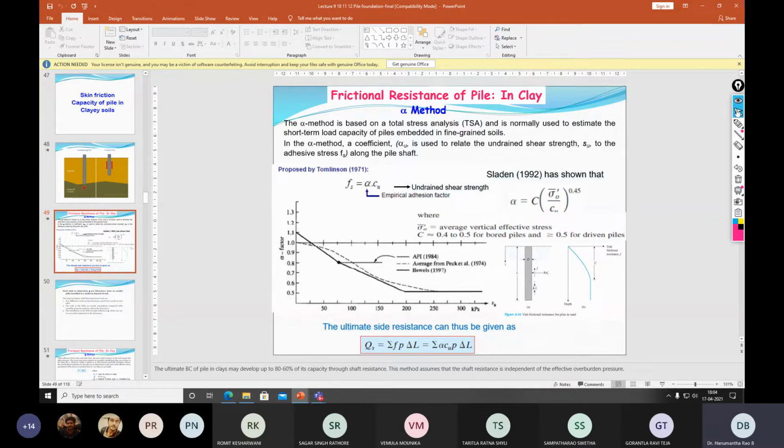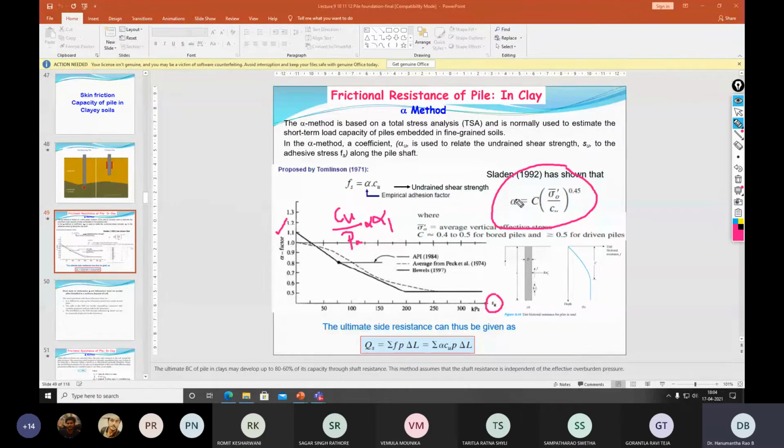You have to be a bit careful in the exam. Be careful whether it is asked to calculate alpha by the Sladen equation, or you have been provided this chart, which is a relationship between alpha versus the undrained strength, or the third way is to calculate the ratio of Cu by Pa, and from this value pick up the value of alpha 1. So we can follow any one among these three methods.